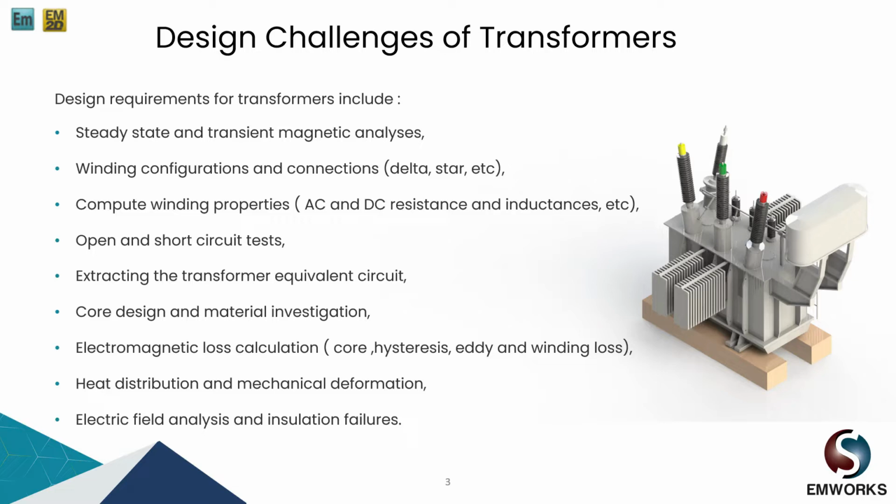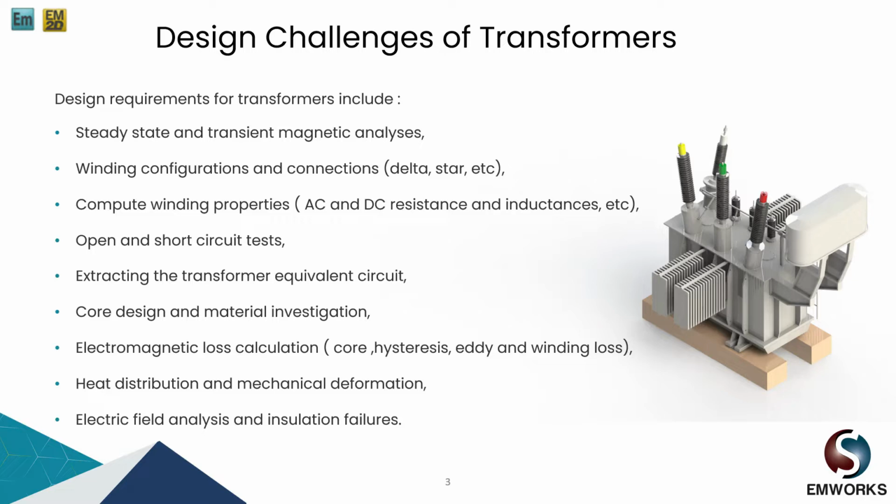Losses as well are important to determine the efficiency of the transformer, so they have to be accurately estimated, mainly to reduce the heat in the transformer. Also, predicting the temperature and structural deformation are important in transformer design. So while designing a transformer, temperature and deformation in the structure have to be evaluated.